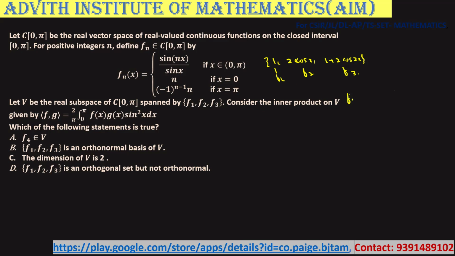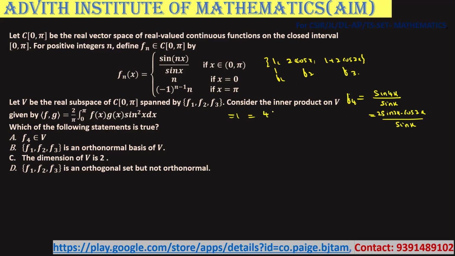F4 ఏమన్నాడు? F4 is equal to sin 4x by sin x కదా. Sin 4x ఏమన్నా sin 2 into 2x రాయొచ్చు. That means 2 into sin 2x into cos 2x రాయొచ్చుగా by sin x. So which is equal to, sin 2x ఏమన్నా రాయొచ్చు, which is equal to 2 sin x cos x.